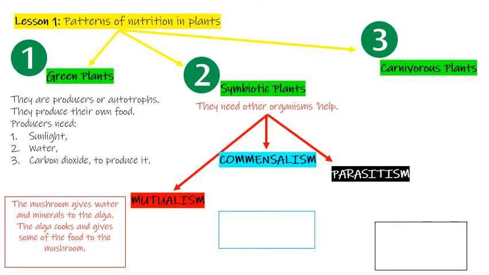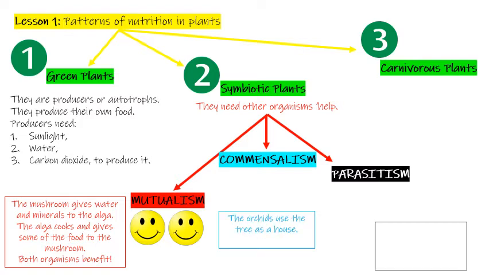It cooks and gives some of the food to the mushroom. So both organisms benefit. They are both happy with this relationship. So mutualism is when both organisms are friends. They help each other to get what they need. Both organisms benefit. What about commensalistic relationships?